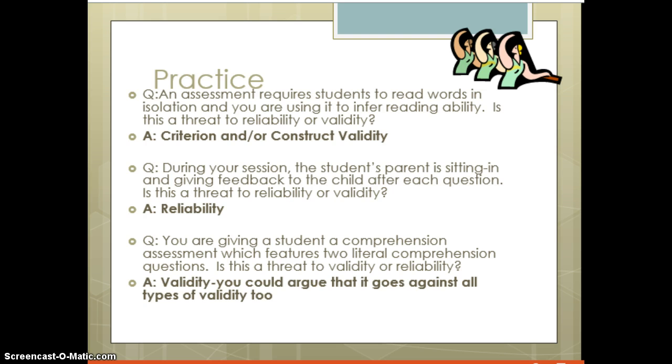So there's first not enough questions on that assessment, and the idea that literal comprehension does not represent all of the types of comprehension that students need, all the comprehension skills they need to possess. And so talking about content, you're talking about construct, validity, and then consequential, right? What do you do with that data?